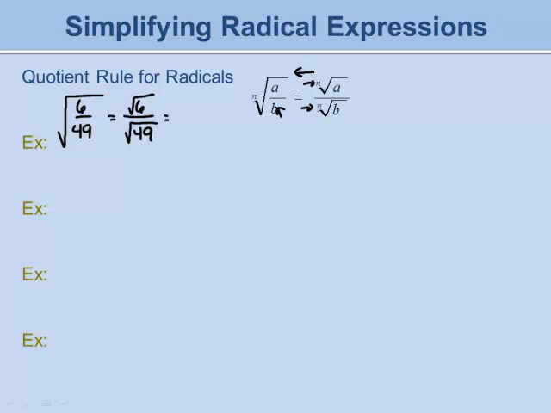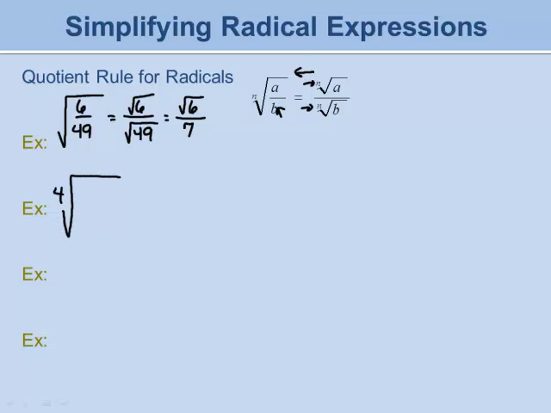And although that didn't help us much in the numerator, 6 is not a perfect square, so we'll have to just leave that as the square root of 6. Square root of 49 is a perfect square, and it allows us to at least simplify our denominator into an integer number of 7. So the square root of 6/49 is equivalent to the square root of 6 divided by 7.